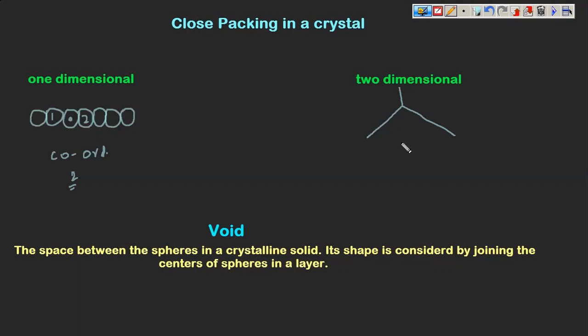There are two cases in two-dimensional close packing. One is square close packing and another one is hexagonal close packing. Square and hexagonal.